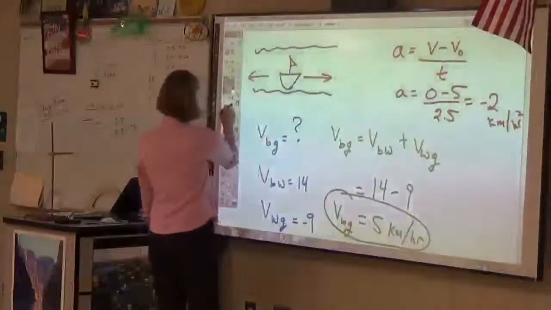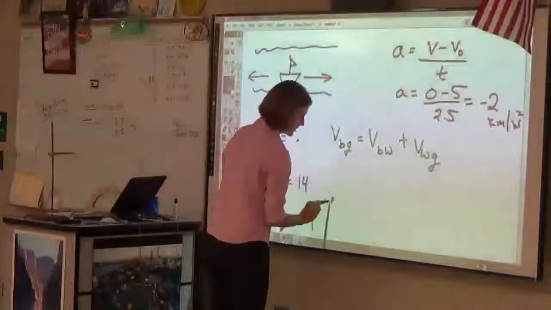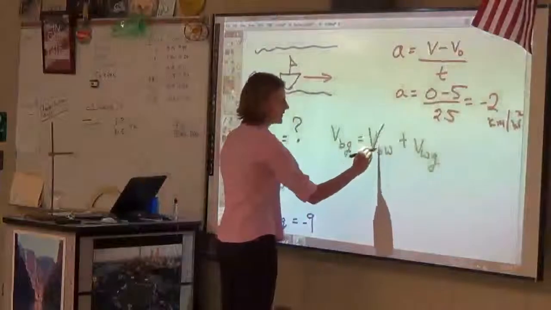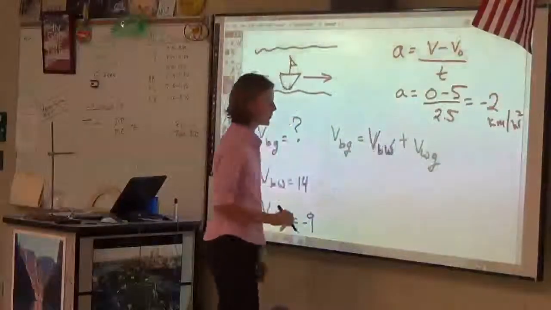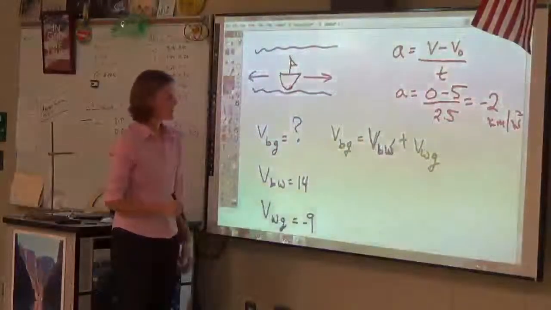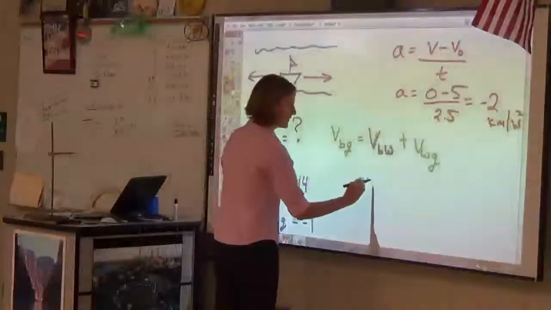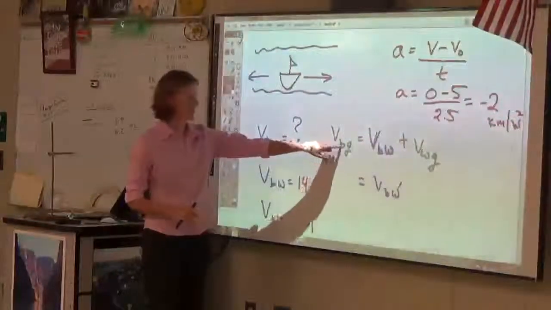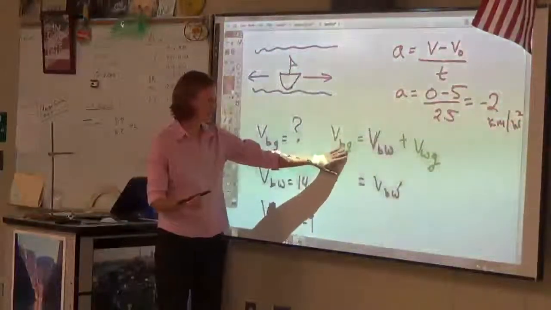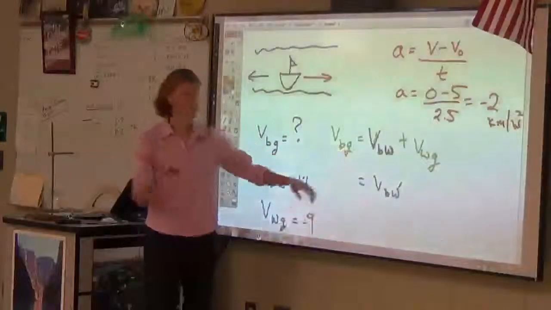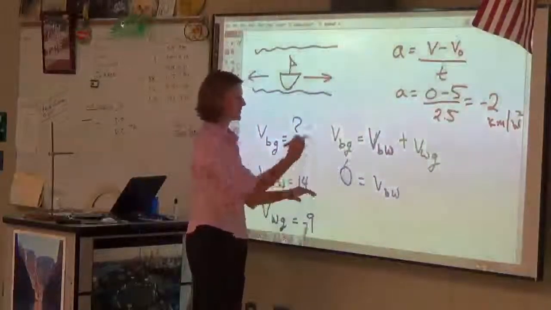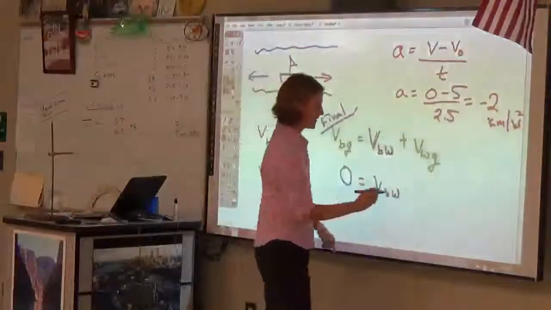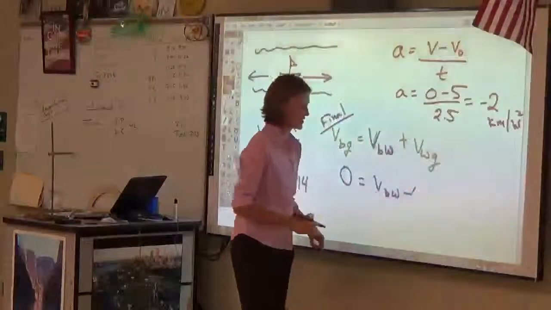So let me use the same setup. If I want the final velocity of the boat relative to the water, what's the velocity of the boat relative to the ground finally? 0. And what was the velocity of the water relative to the ground, or did that even change?